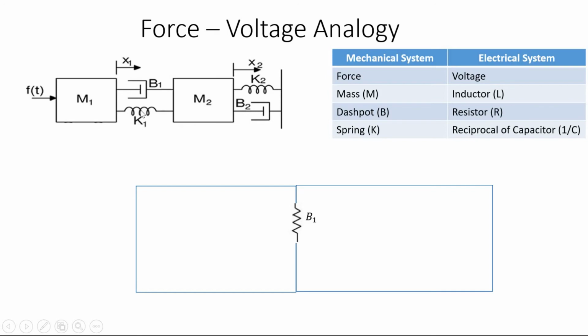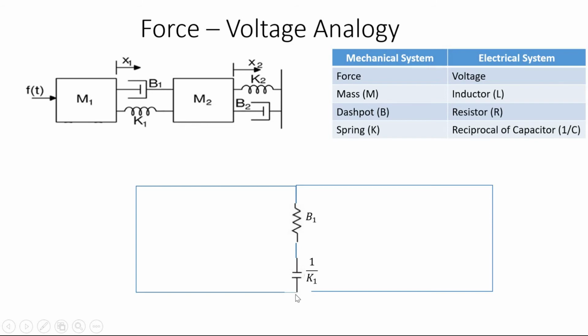And K1 is also associated with both M1 and M2, so it will also be associated with both meshes. K1 is 1 by C, so it will be a capacitor having the reciprocal value, 1 by K1. These are the two elements associated with both.